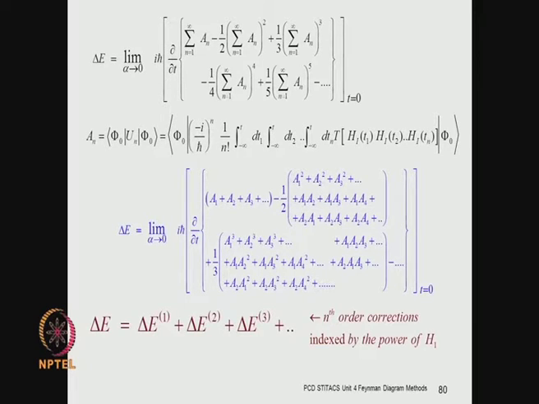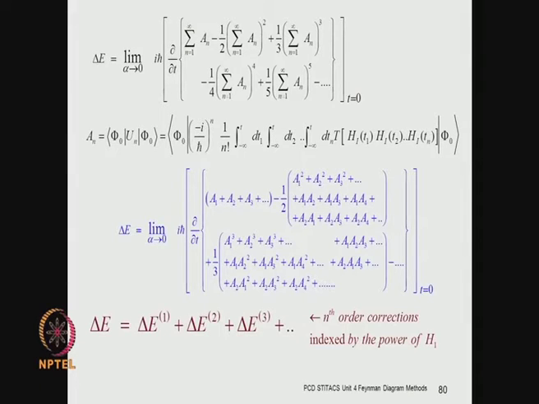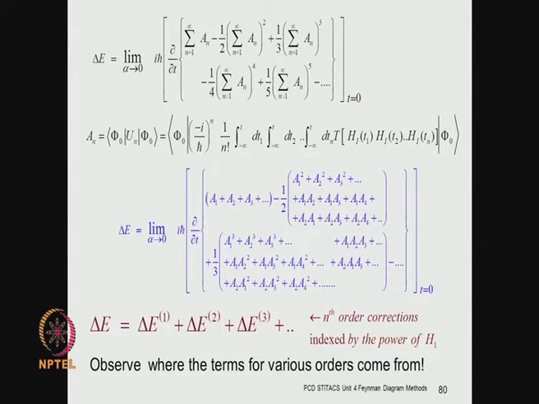Okay. And in general, the energy correction can be obtained to different orders depending on how many times the interaction appears in the operator whose matrix element is under consideration. Okay. So, there are nth order terms that you can get, and this is really quite complicated.